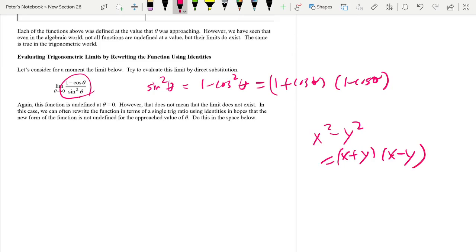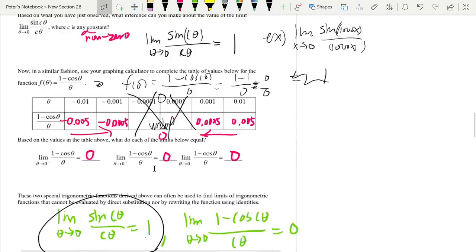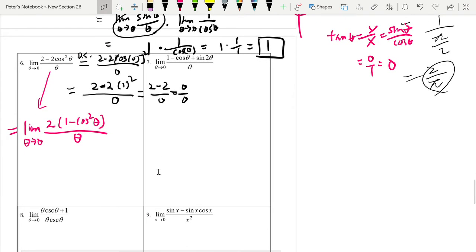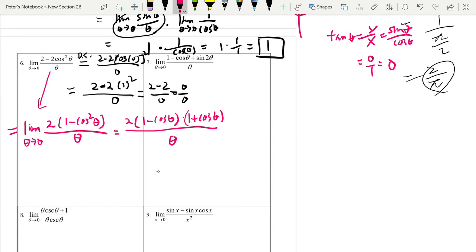It's called difference of squares. So maybe that will help me out. Let's check it out. Here I rewrite this as 2 times 1 minus cosine of theta times 1 plus cosine of theta over theta. Don't forget the limit, by the way, as theta approaches 0.